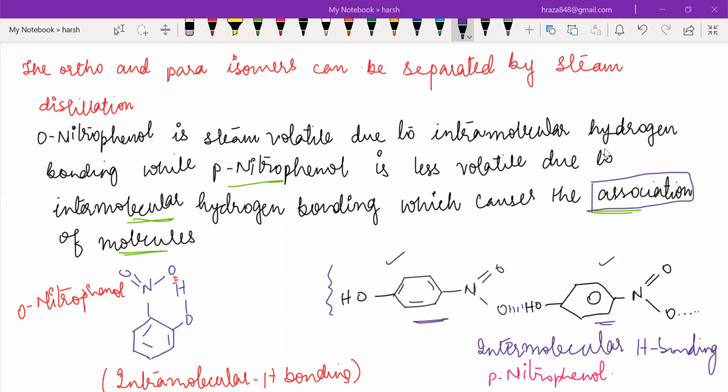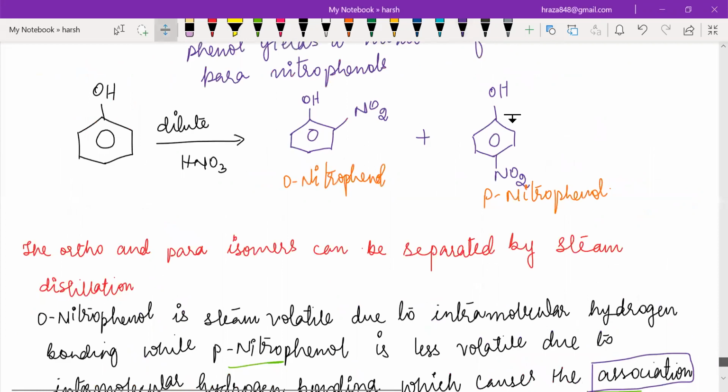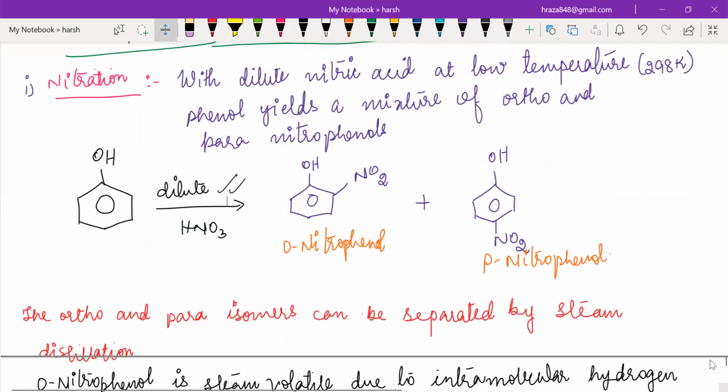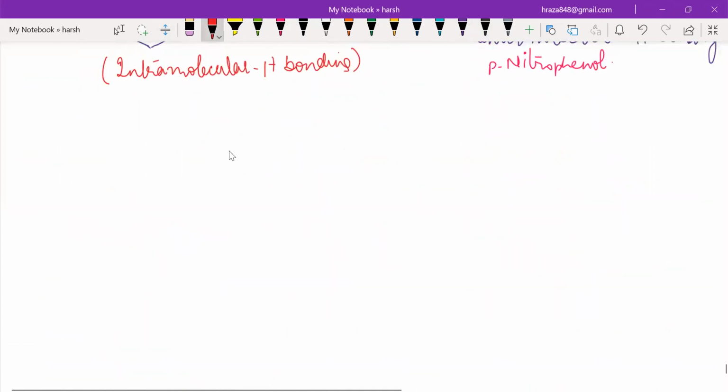Done, sir. Very good. Now see, we did this reaction of phenol with dilute HNO3. Now, if you are going to react this phenol with concentrated HNO3, what will happen?